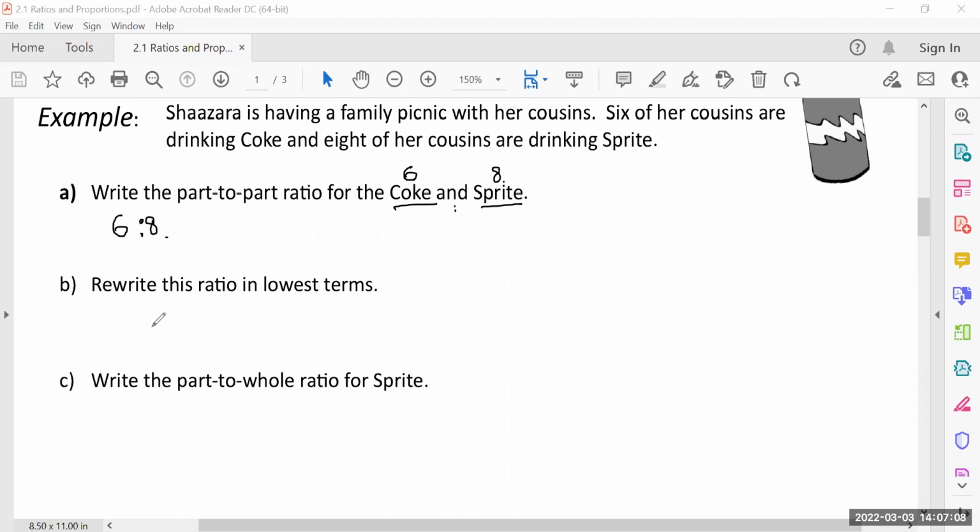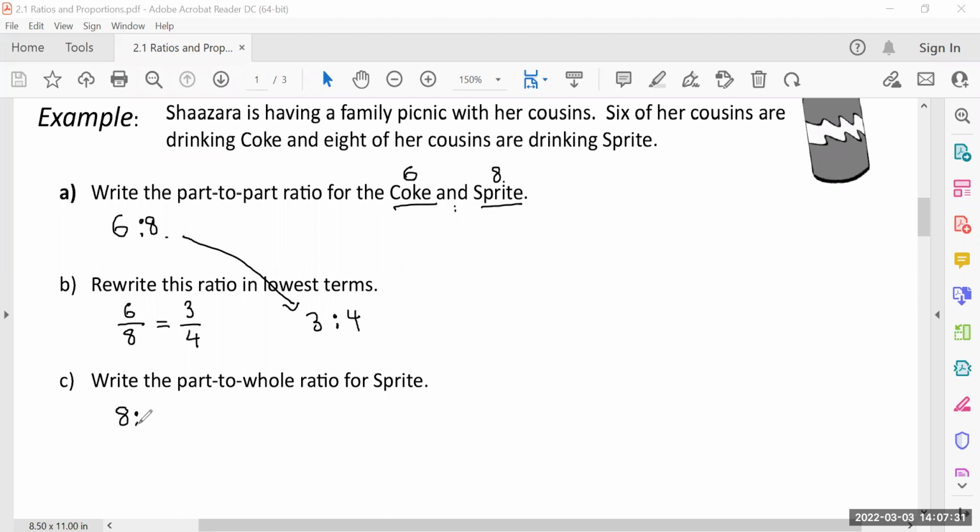And then it says rewrite this ratio in lowest terms. You know that 6 to 8 can be simply rewritten as 6 over 8, and you can reduce that fraction. It's 3 to 4. Essentially, 6 over 8 is the same as 3 to 4. Part to whole for Sprite.